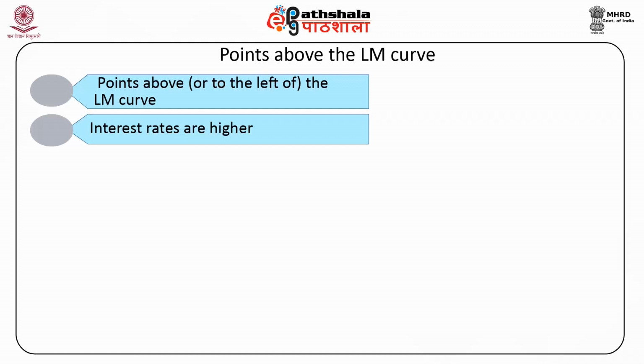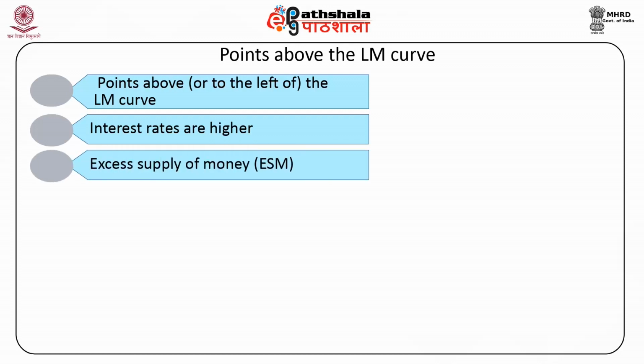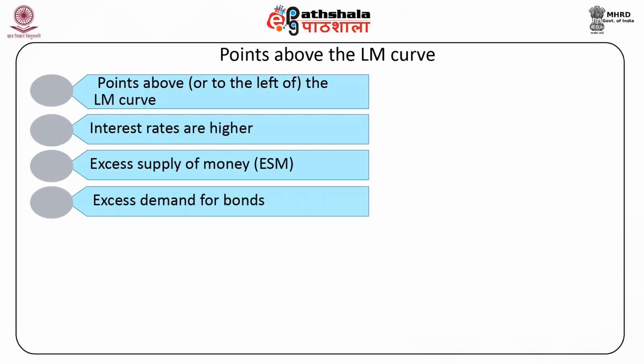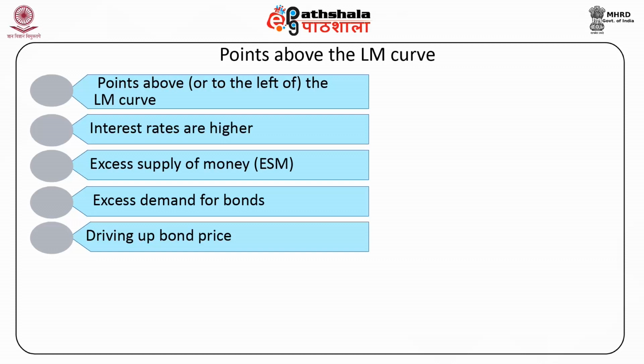So there would be excess supply of money, ESM, at such points. Excess supply of money means there is excess demand for bonds, driving up bond price and hence lowering interest rates.